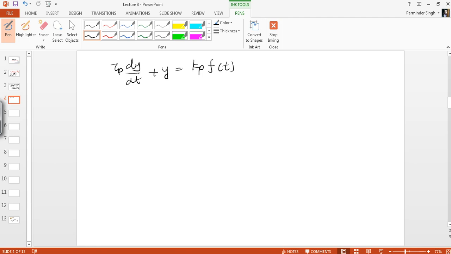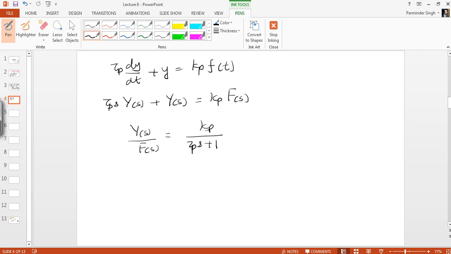We have tau p s into Y(s) plus Y(s) equal to kp into F(s). So Y(s) upon F(s) can be written as kp upon tau p s plus 1.